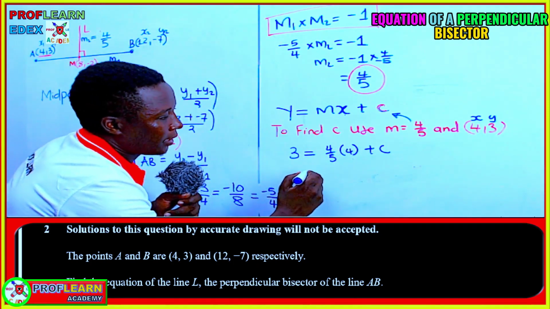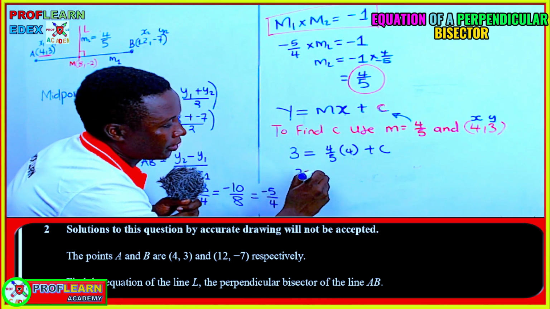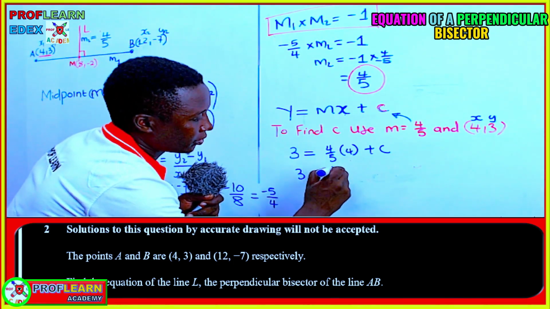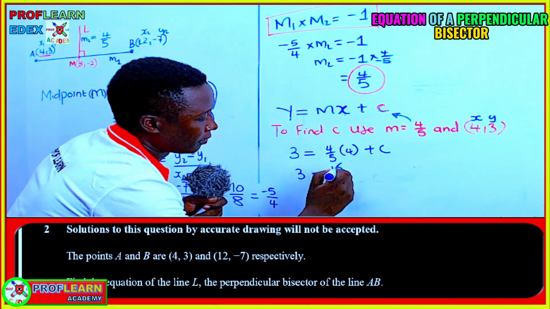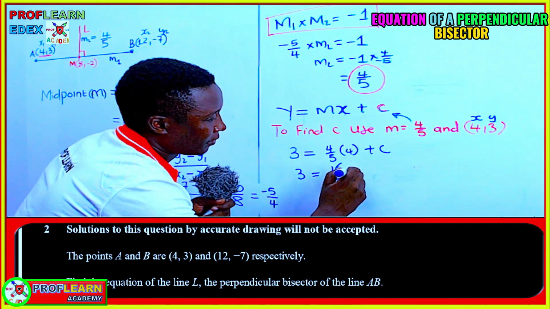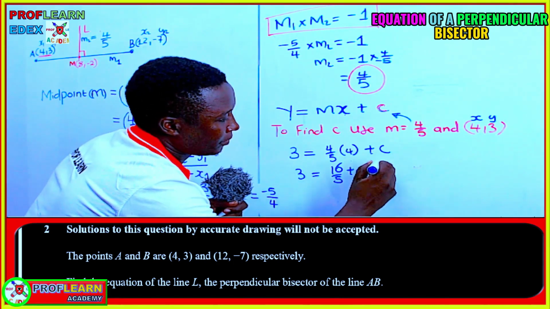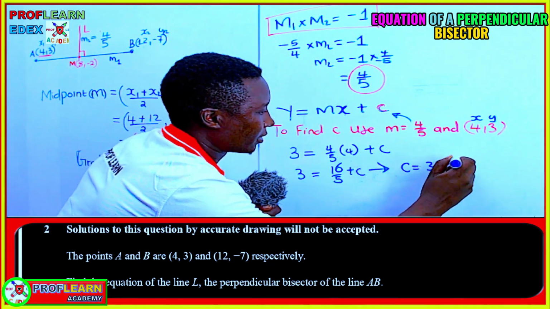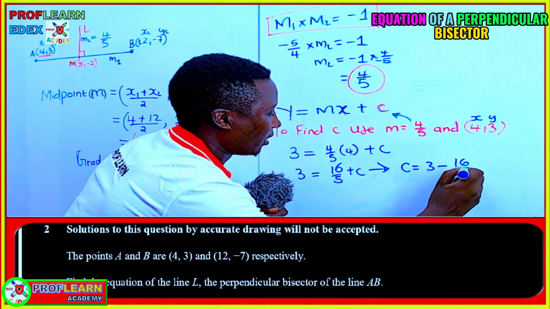So which will imply that 3 is equivalent to 16 over 5 plus c. This means that our c is going to be 3 minus 16 over 5.